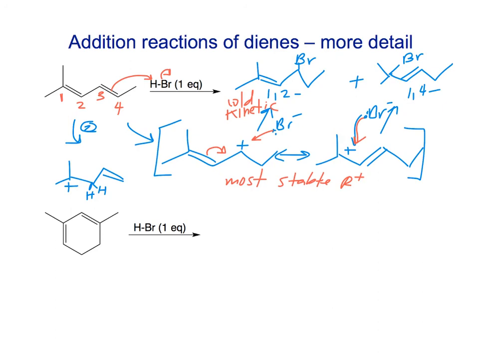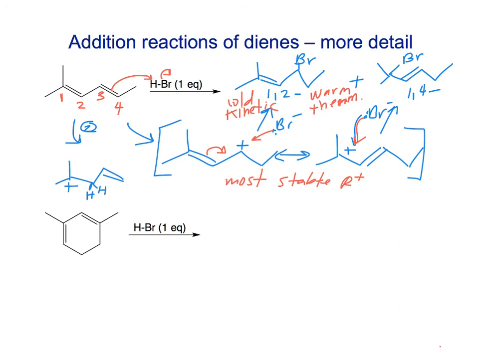Okay, because notice that the one on the left has a tri-substituted alkene, whereas the one on the right is only a di-substituted alkene. Okay, so for this molecule, if we vary the temperature, we're still going to get the same product as the main product. So this product is also formed under warm temperatures. This is also the thermodynamic product.